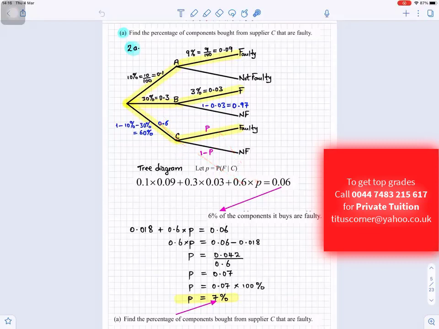We're following those branches and multiplying them. All of that should be equal to 0.06, because it says 6% of the components it buys are faulty. That's how I got 0.06.